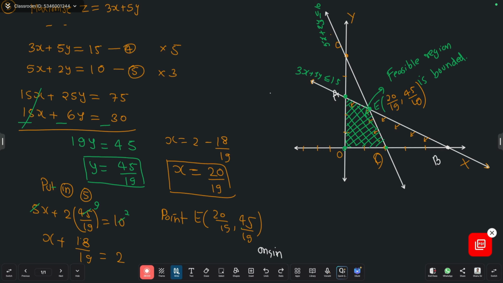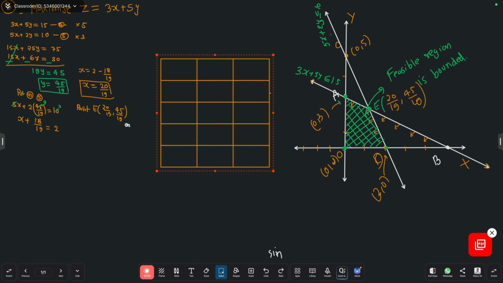And in the graph you can show all these points. A point was 0 comma 3, C point 0 comma 5, D point is 2 comma 0, and this is 0 comma 0. All points are shown, as in the exam.